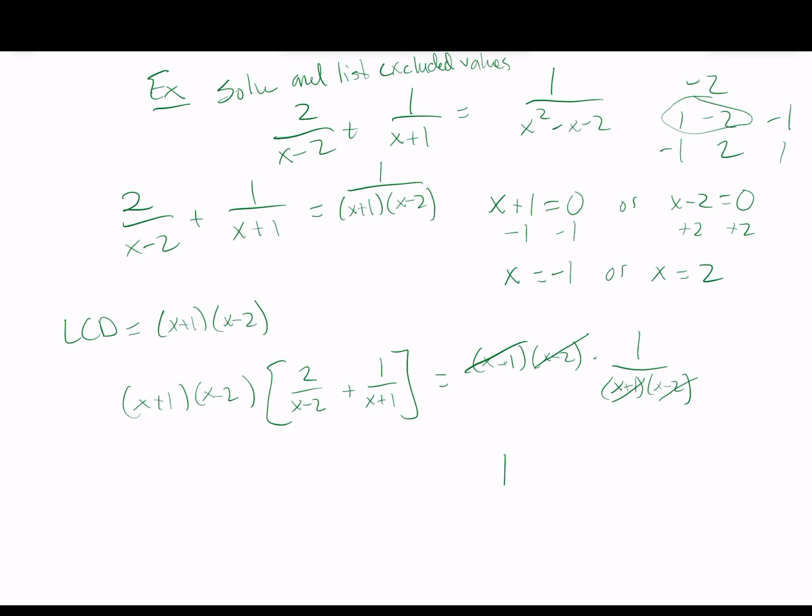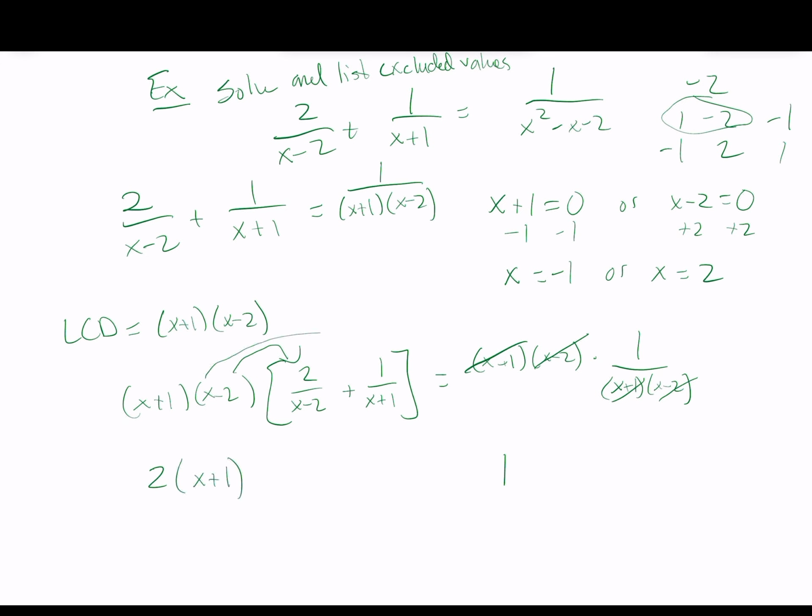And then when we distribute, there's a lot of distributing that needs to happen here. In the first case, this portion will distribute to the first term and will cancel out the x minus 2. So I'll have 2 times x plus 1.